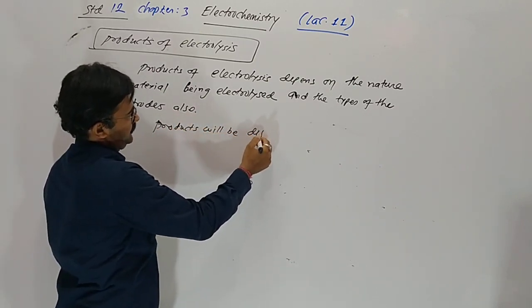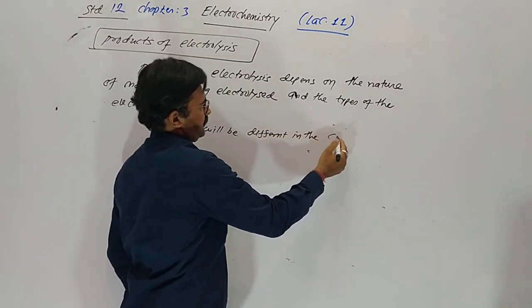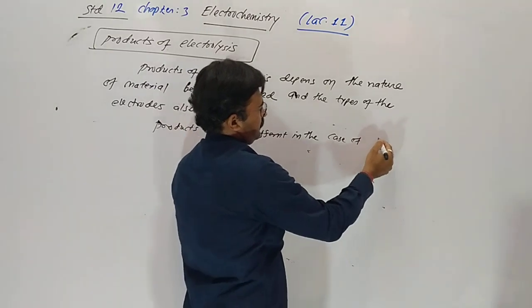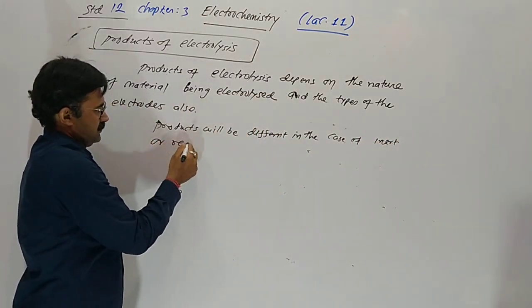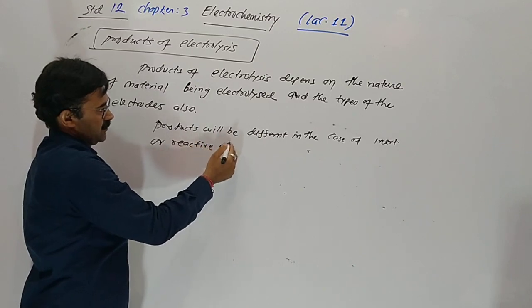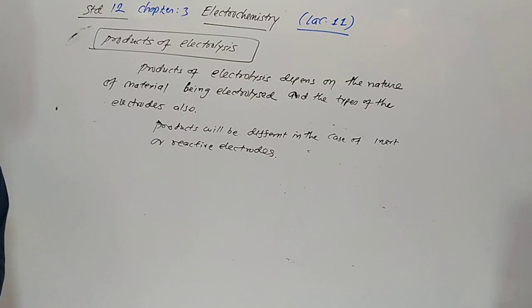Products will be different in the case of inert or reactive electrodes. Whichever type of electrode is used, the product will change.